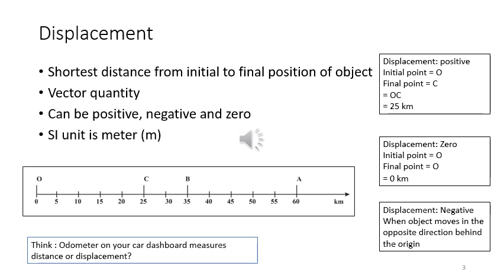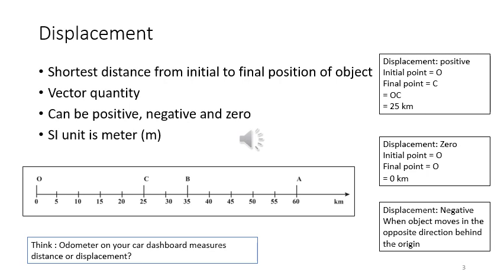If I calculate the path as we did in the earlier slide, that would be calculating distance. But now I want to find out by how much has that person displaced. His initial position was O. His final position is also O. So is there any displacement that has occurred? No, zero displacement.